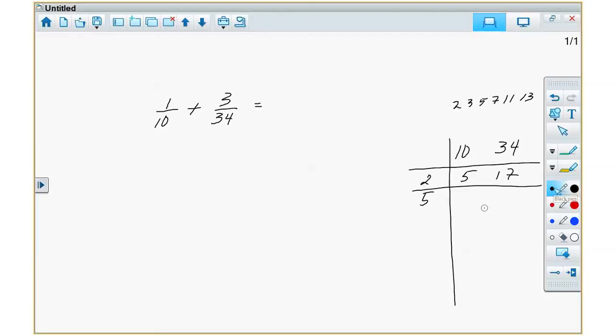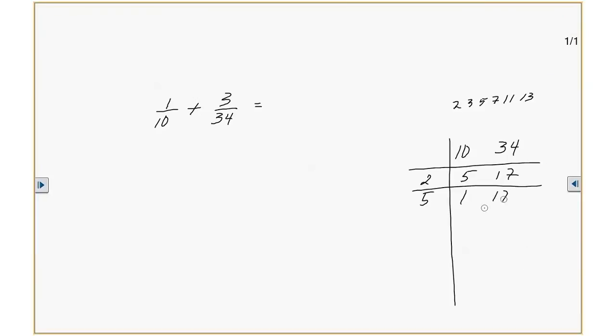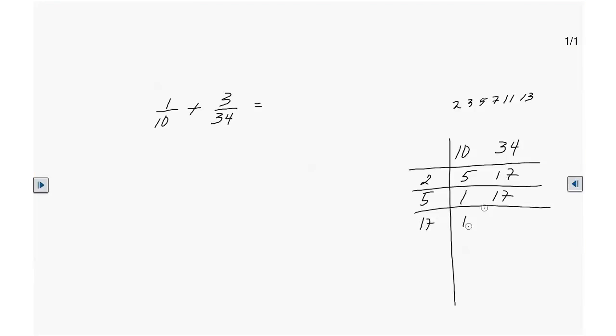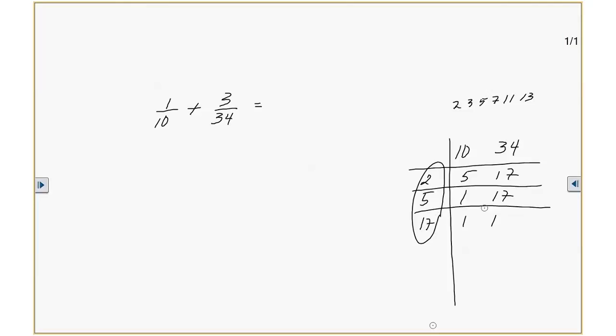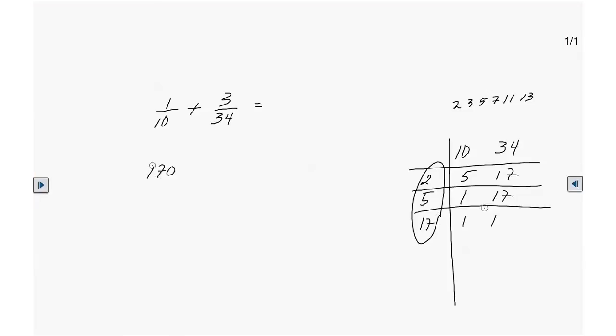One, 17, and then 17. 170 is our common denominator. So we go over here, and we put 170 here, and we put 170 here.